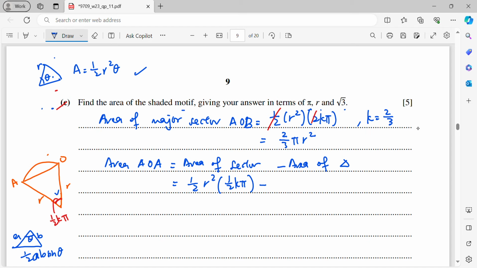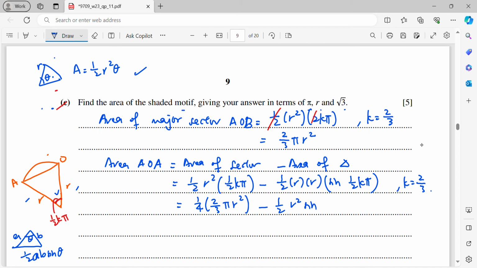Since this angle is given, I can just write half r times r, these two sides, then sine half k pi. Again, remember your k is 2 over 3. Therefore, half times half is 1 over 4, then k is 2 over 3, then pi r squared minus half r squared sine of half times 2 over 3 pi.